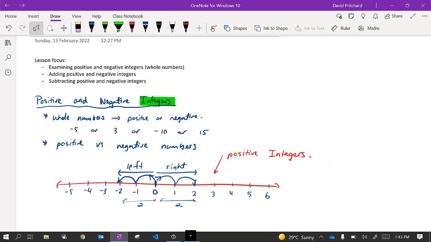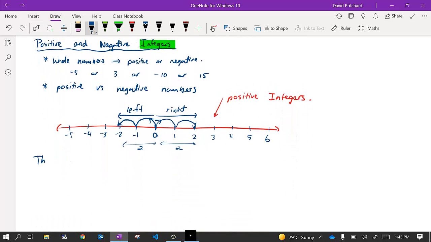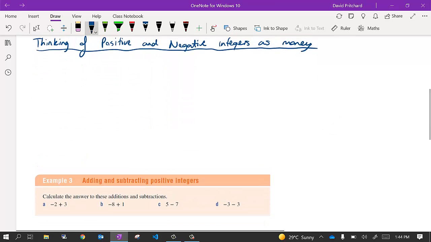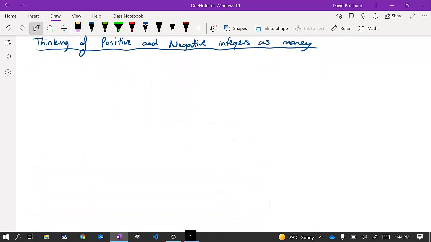Now, I'm going to tell you my strategy for working with positive and negative integers. It works with my kids, and hopefully it'll work for you as well. My strategy is thinking of positive and negative integers as money owed and money that I have. Everybody's dealt with money, so this is one of those areas that everyone can at least go, yeah, I can see that.